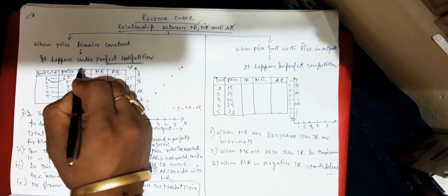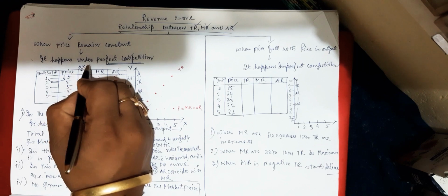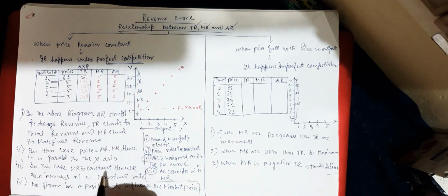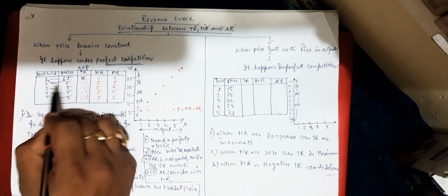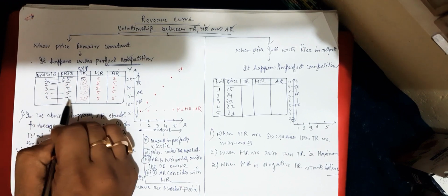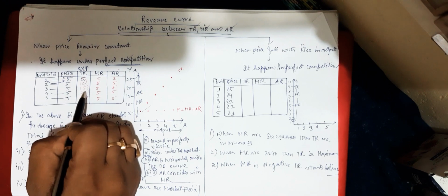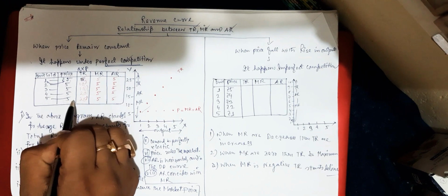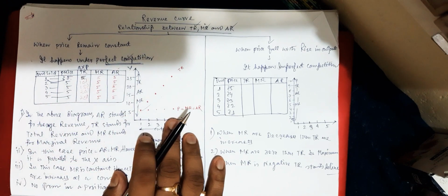The formula of TR is quantity into price. So you multiply 1 into 5, 5. In this way you multiply all the units and you will get these values: 5, 10, 15, 20, 25. I think you can understand how to find out the TR.